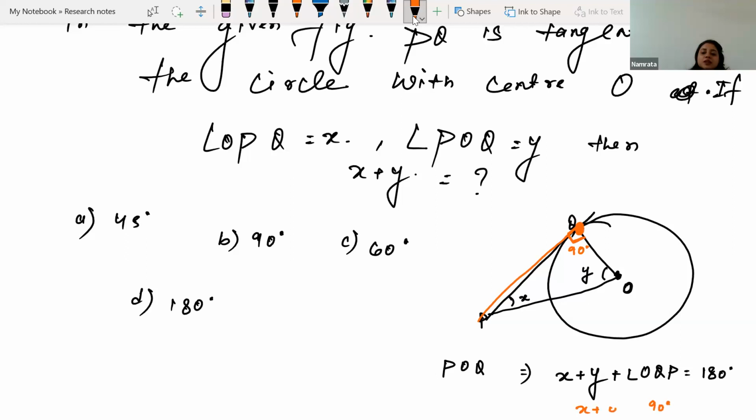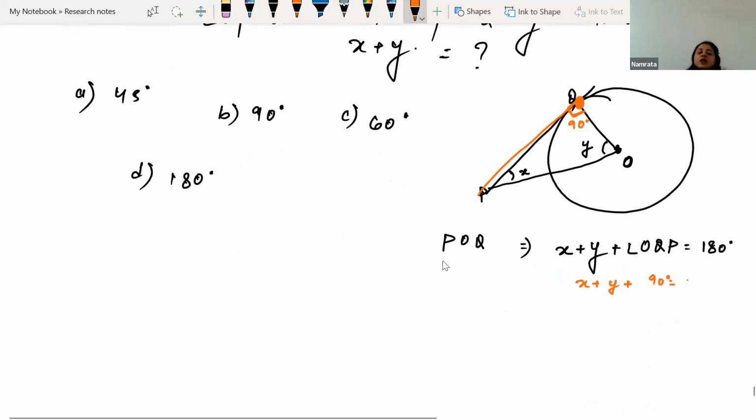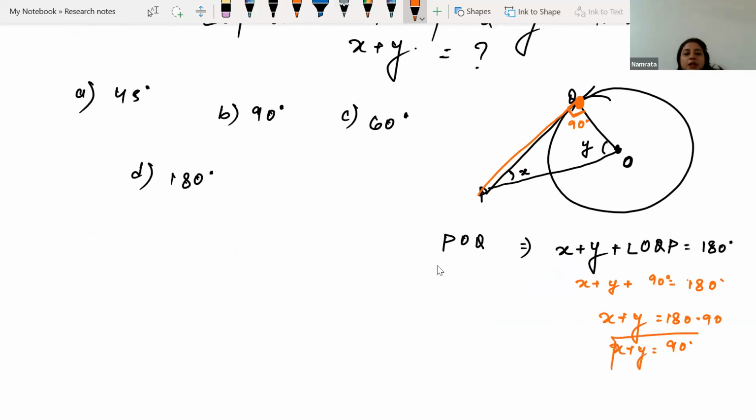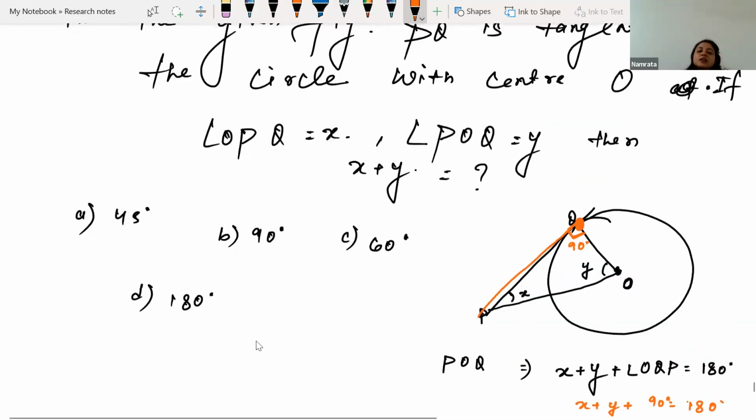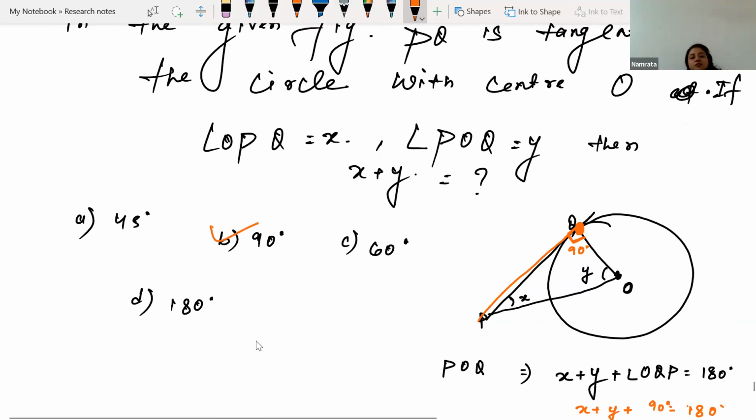X plus Y we don't know and we don't even want to find it separately. Together X plus Y we want to find. That is 180 degree. So X plus Y will be 180 minus 90, that means 90 degree. So directly we ended up getting X plus Y as 90 degree.